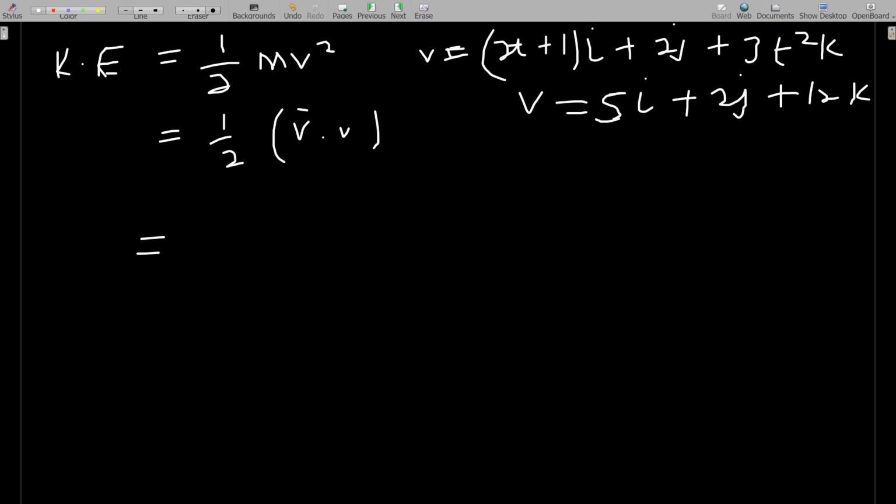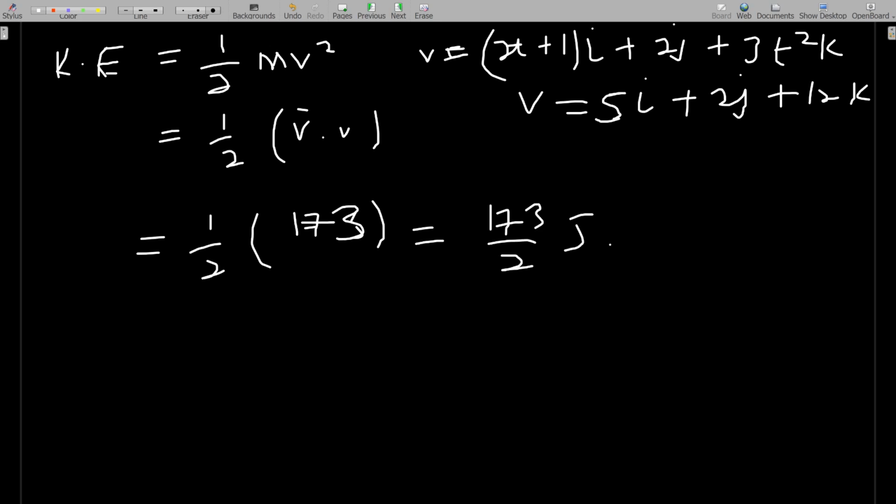Then half of it, so I have half of 173, which is 173 over 2 joules, or in other words 86.5 joules. So that is the solution to that.